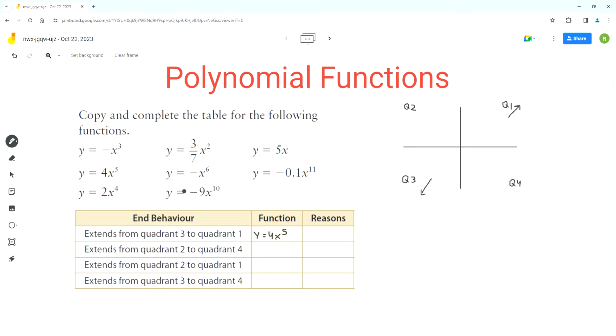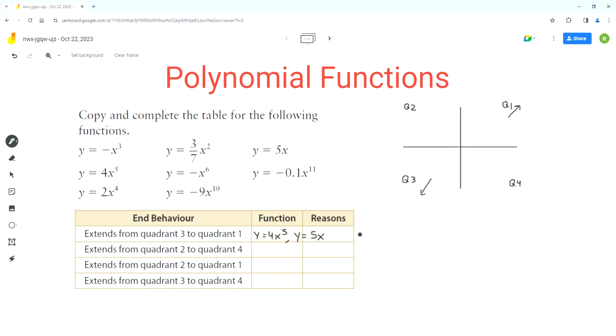Another function with positive leading coefficient and odd degree is y equals 5x. So these are the two functions that have this end behavior from quadrant 3 to quadrant 1.